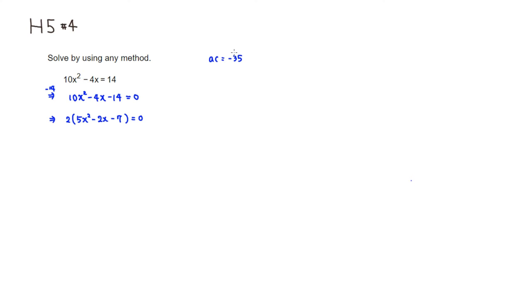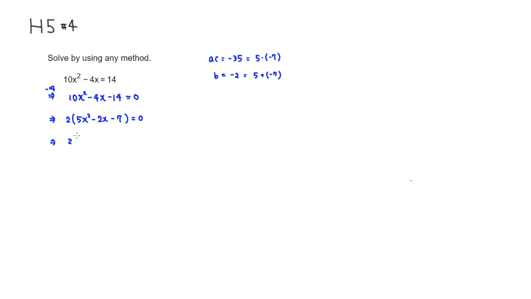Then you have B is equal to negative 2. So we can do 35 as 5 times negative 7, and the negative 2 is 5 plus negative 7. So we can split negative 2x.